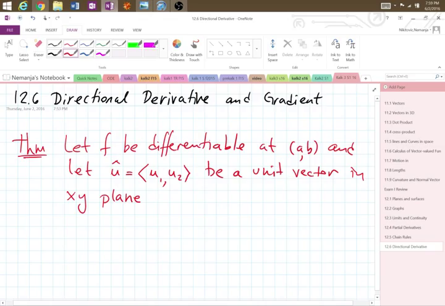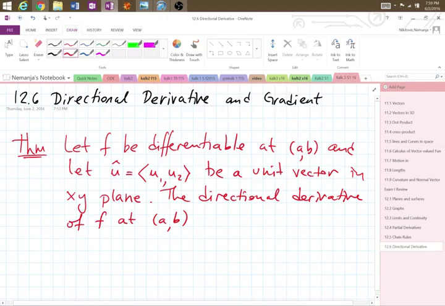The directional derivative of f at (A, B) is given as a simple dot product between the partial derivatives and the unit vector.